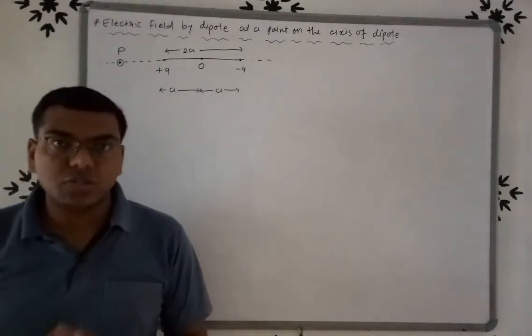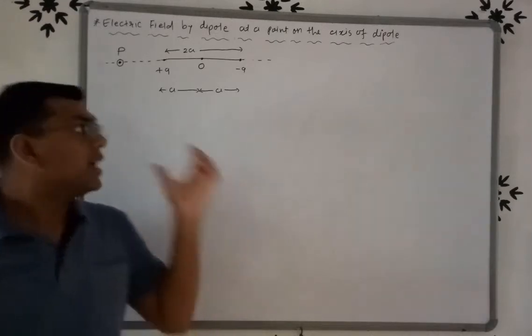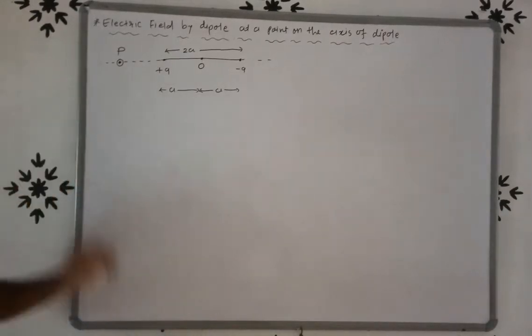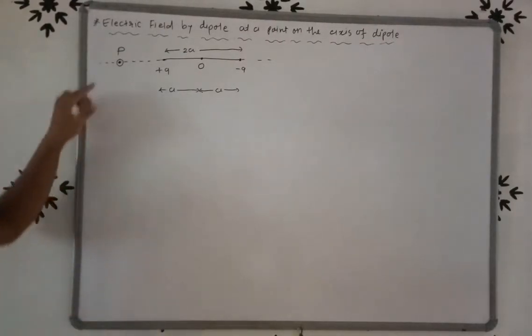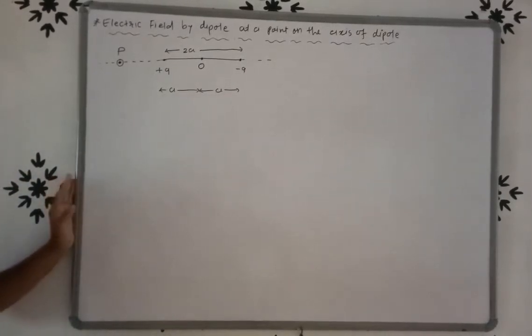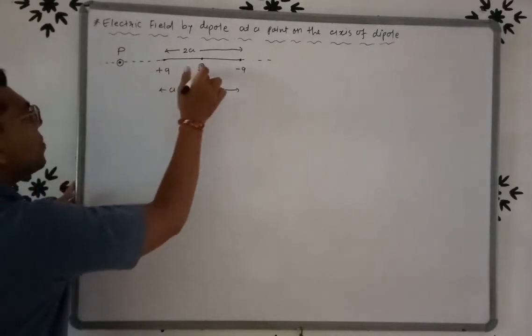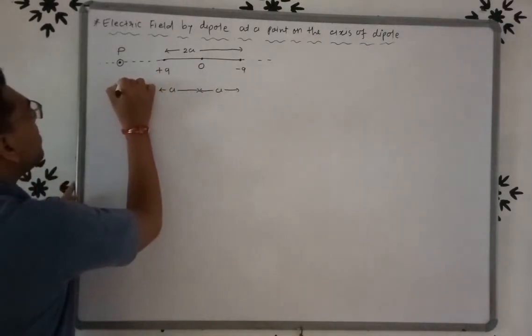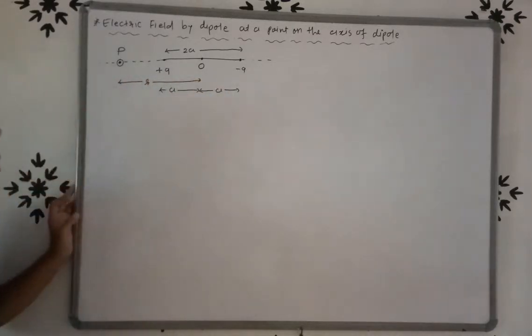So friends, you have to write the sentence like this after the figure. Here we want to find out the electric field at point P on the axis of the dipole, right? Now suppose the distance from midpoint O to point P is r, right?